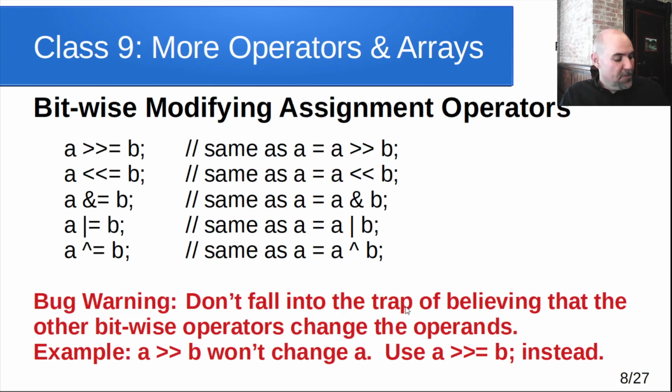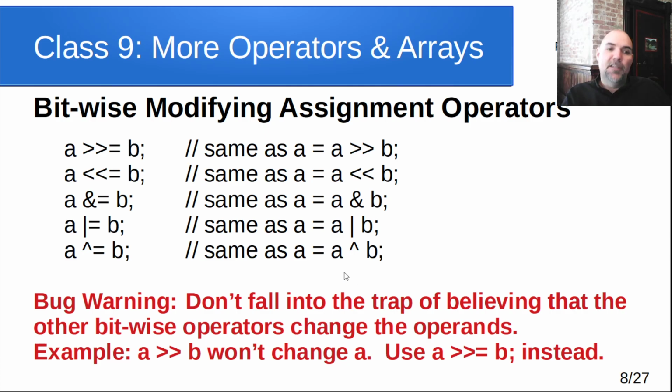Okay, now, just like we mentioned earlier, none of those operators affect the actual item in the variable, so you'd have to reassign the result back to it. Well, it turns out you can do that with a bitwise modifying assignment operator, just like we had plus equal, minus equal, times equal, mod equal.